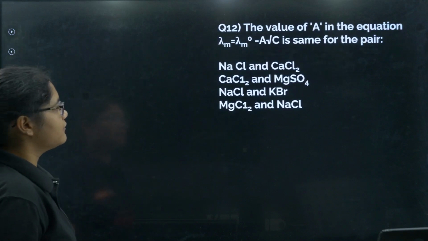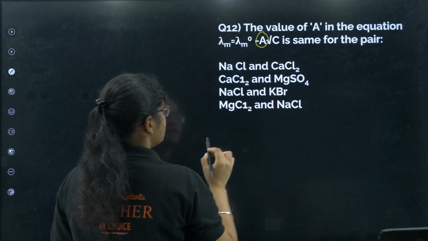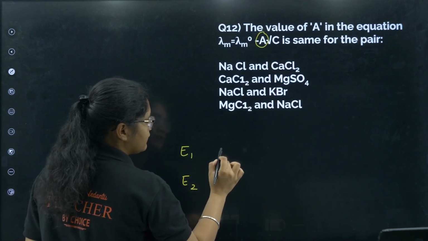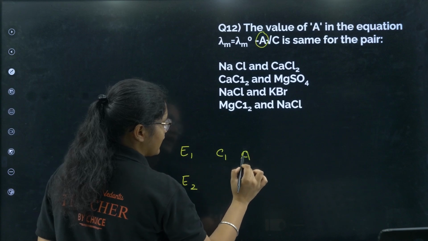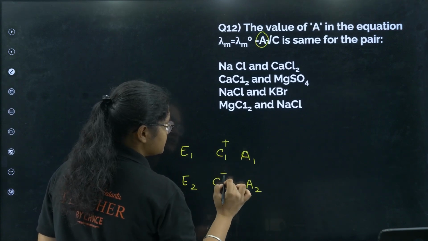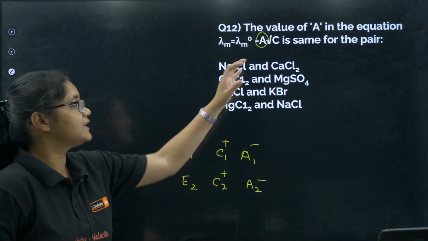Next, the value of A in the equation is same for. Now the value of A is same. Suppose you have electrolyte 1 and electrolyte 2. Okay, it will have cation 1 and anion 1 and cation 2 and anion 2. If the charges of these cations and anions are same, then the electrolytes will have same A value.